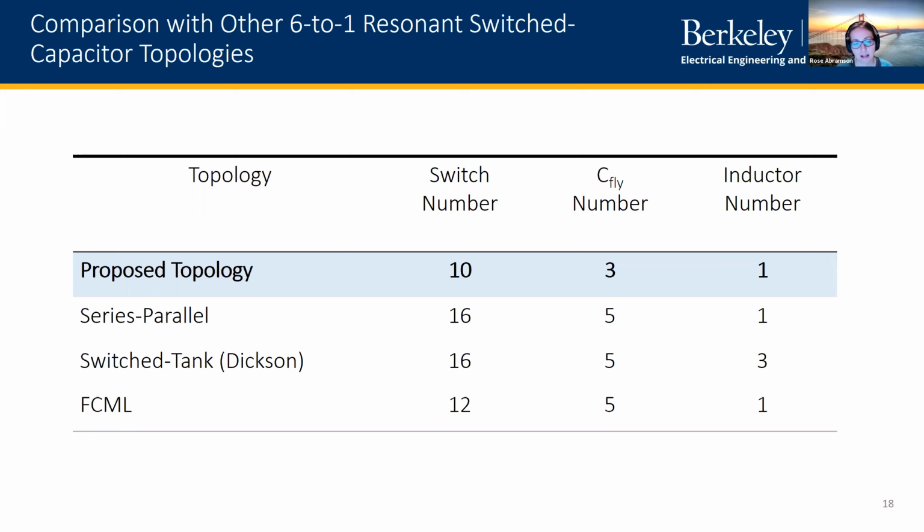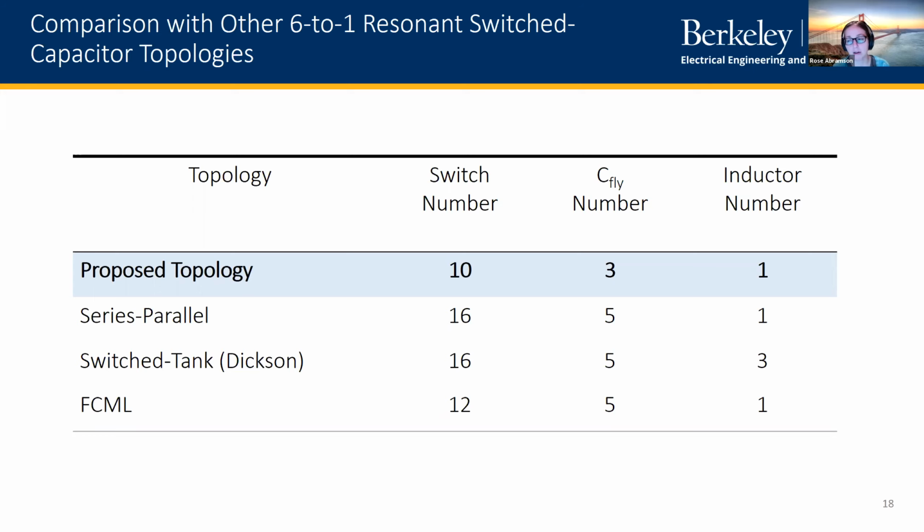And you can do this type of analysis for several other topologies, including the switch tank or Dixon converter, which is same number of components as series parallel, or the flying capacitor multi-level converter, which has a slightly lower number of switches, but still a high number of flying capacitors.